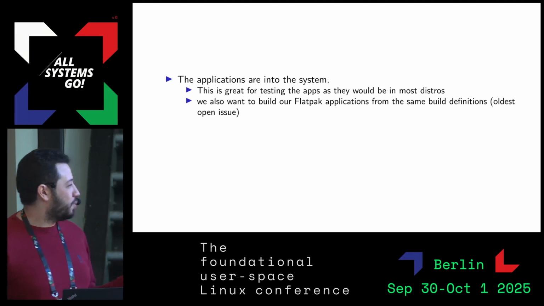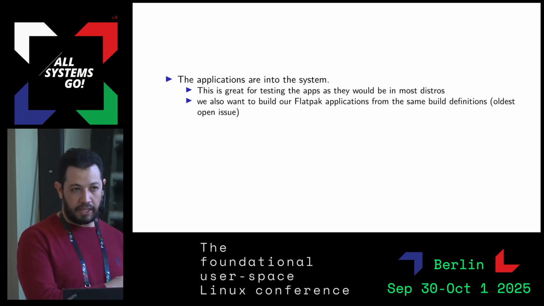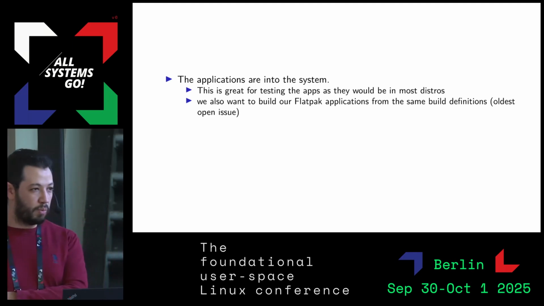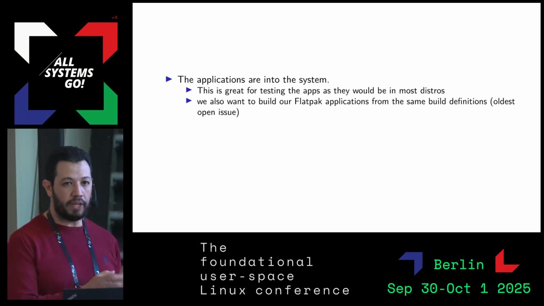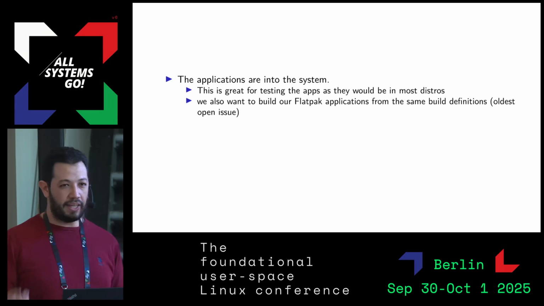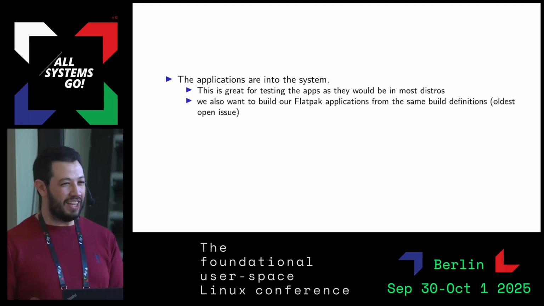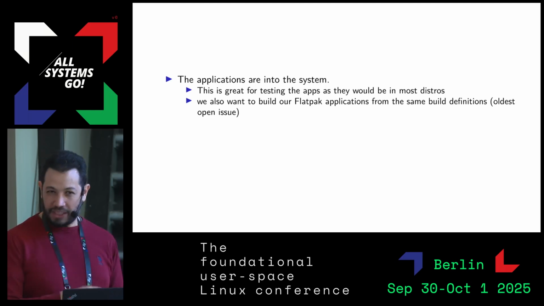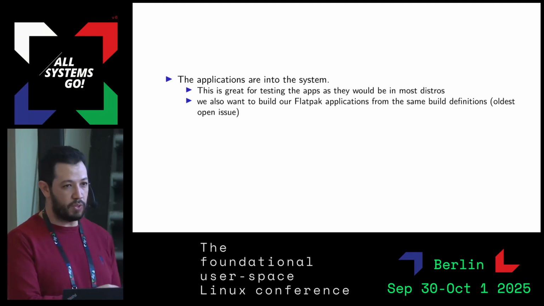We want to build the nightly Flatpak applications from the same source that we're building GNOME OS. So it would be nice for the GNOME release team to be able to release the nightly apps. Since we are building things nightly or even twice a day, every day, it would be nice to be able to ship those, to build the Flatpak applications from the same source.